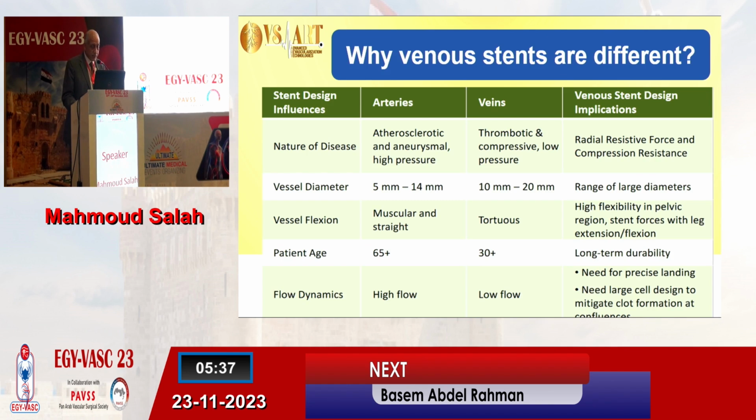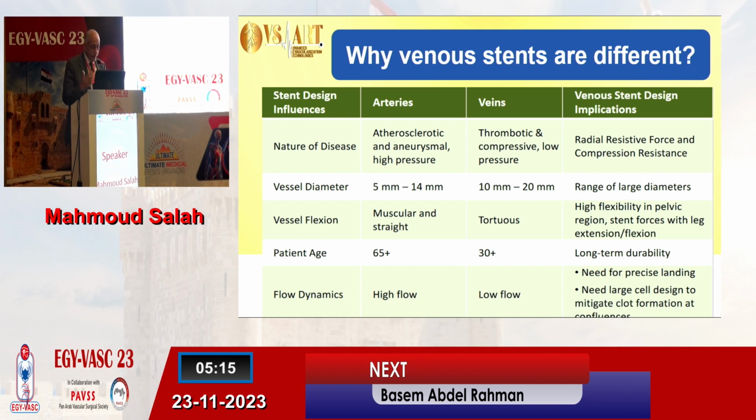Why are venous stents different? The nature of the disease is different. It's atherosclerotic in arteries, while it's thrombotic in veins, so we need higher radial resistance force in the venous stent. For the vessel diameter, the veins are wider, so we need a wide range of diameters.